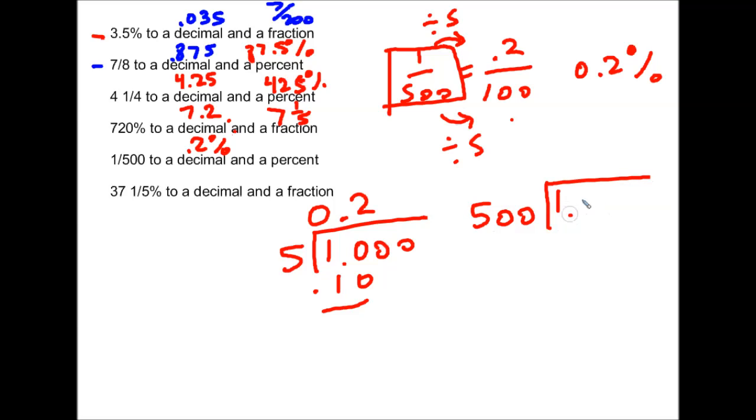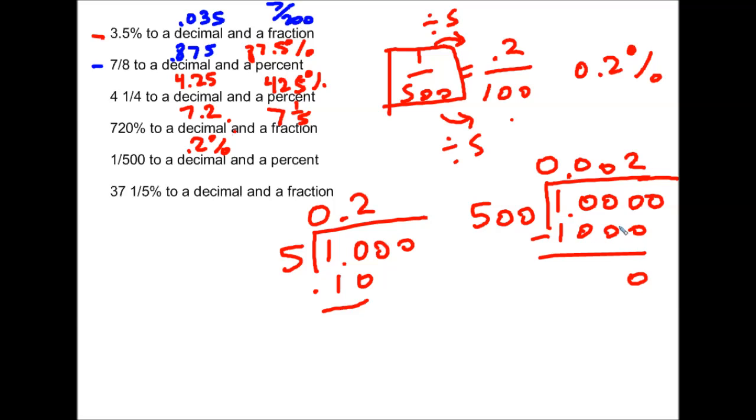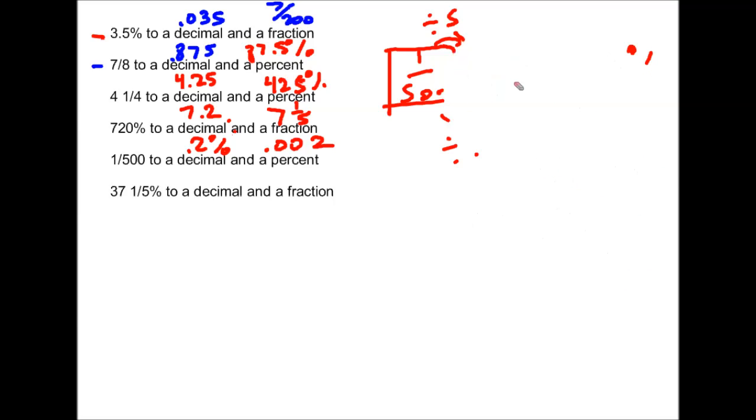And that'll tell me exactly where my numbers go. 500 goes into 1 0 times. 500 goes into 10 0 times. 500 goes into 100 0 times. 500 goes into 1,000 2 times. 2 times 500 is 1,000 exactly, so I have 2 thousandths. 0.002. Oh, I put these backwards, but it's okay. So 1 over 500 is 2 thousandths and 0.2%.